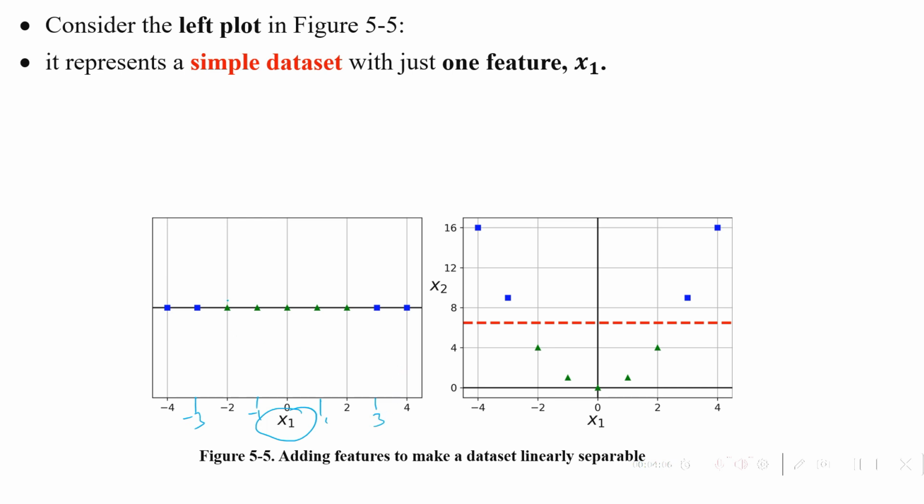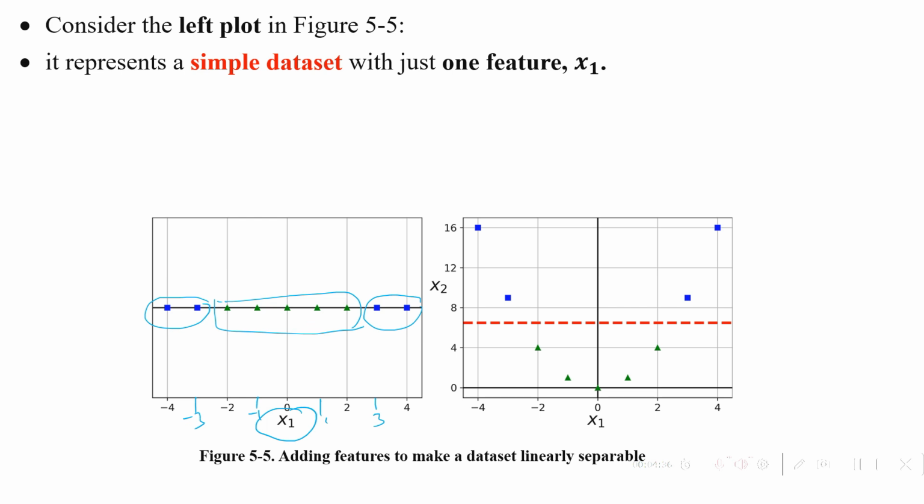The class labels: the blue color points are squares, and all the remaining points are green triangles. With the help of a linear equation, we cannot separate these classes, squares and triangles. It is not possible to classify these data points using a linear model.